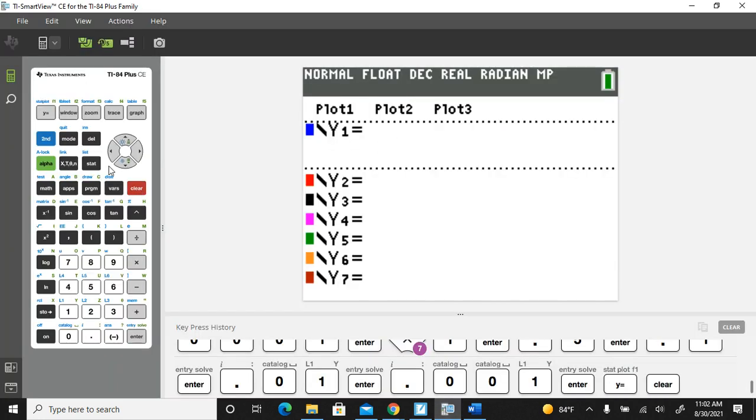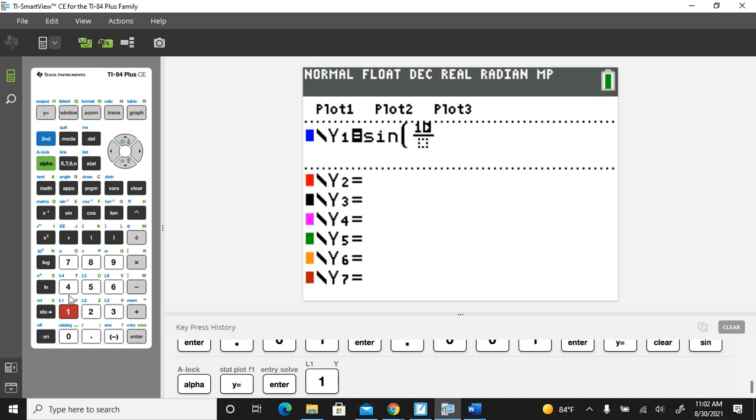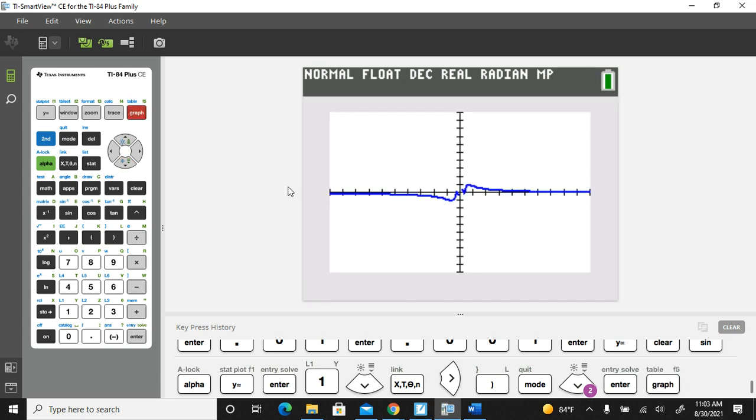If we go to y equals, and we go to the sine of 1 over x. We'll get to this later, but in order to graph these properly, we need to be in radian mode, and we are, so that works well. So if we graph, yeah, it looks crazy.